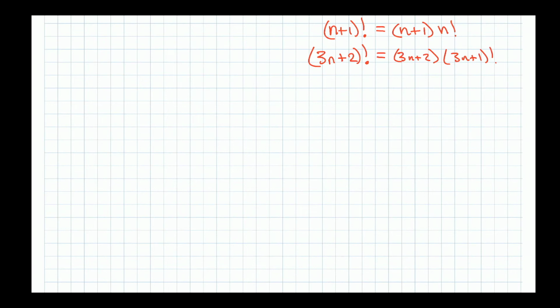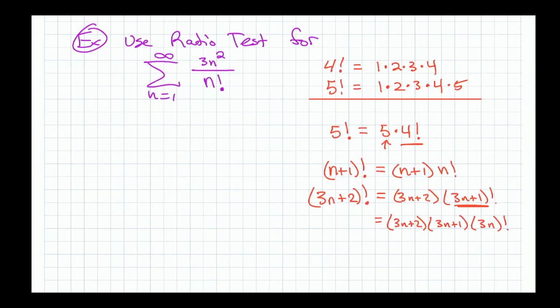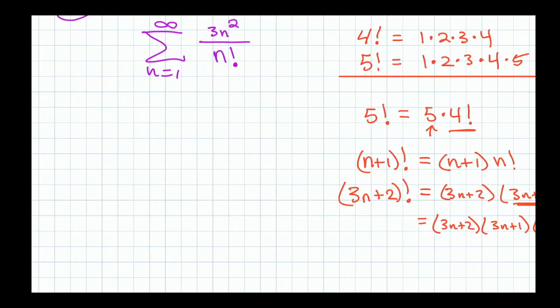And then you could do it again: write (3n plus 1) factorial as 3n plus 1 times (3n) factorial. Breaking up factorials in this way is how you go about simplifying them. We're going to need to do that here, although it won't be that complicated.